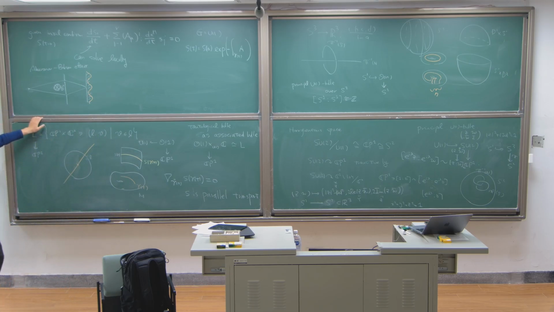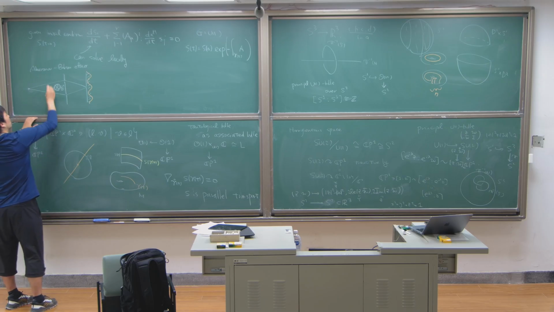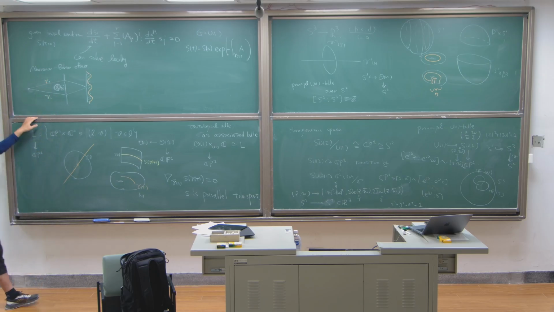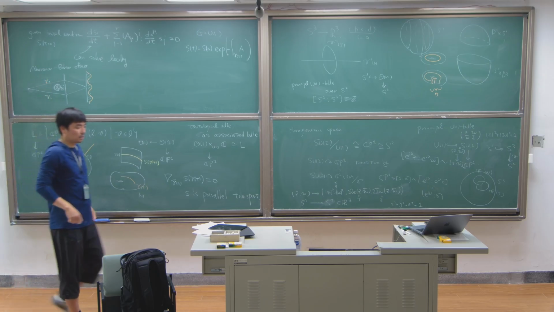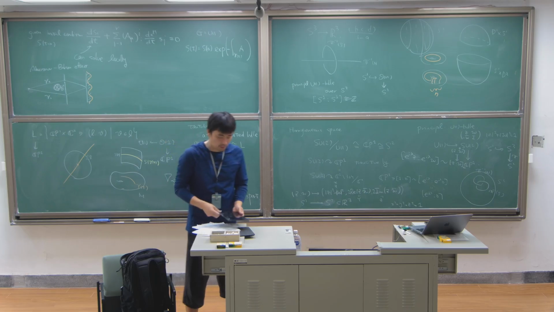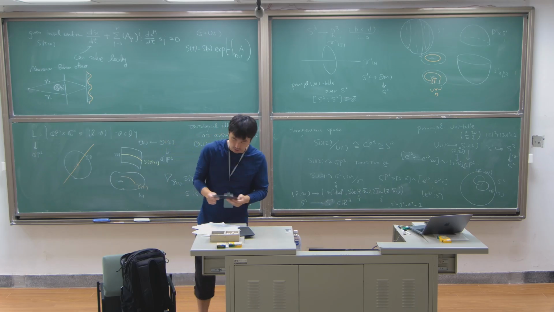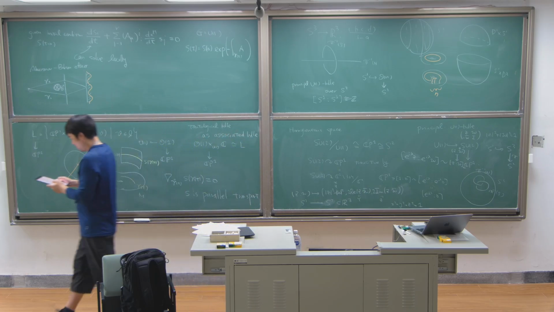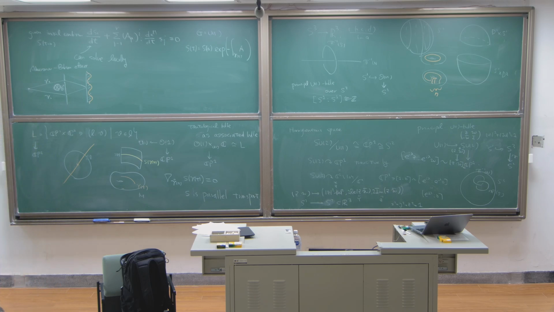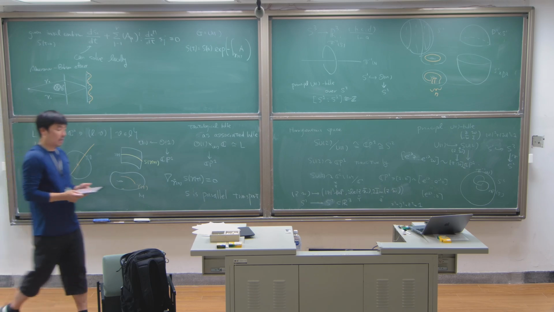Okay. And let's call these gamma 1 and gamma 2. Okay. And if you solve the Schrödinger equation in the presence of this gauge field, you will get a phase.